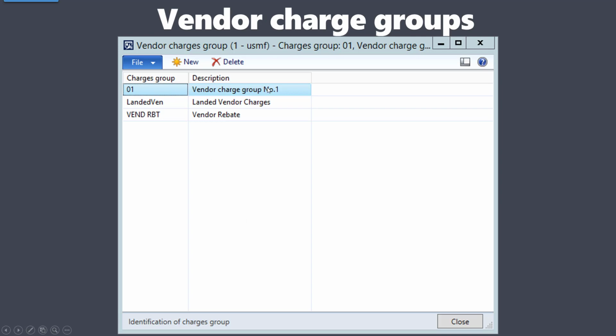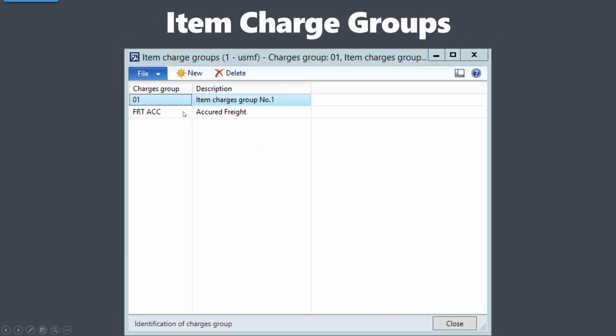So here we're looking at vendor charge group 1. This is a vendor charge group. We're saying for this vendor, this charge group applies. So think of it, it's going to be at the vendor level. And then you also have the ability, at the item level, of grouping certain like items together.